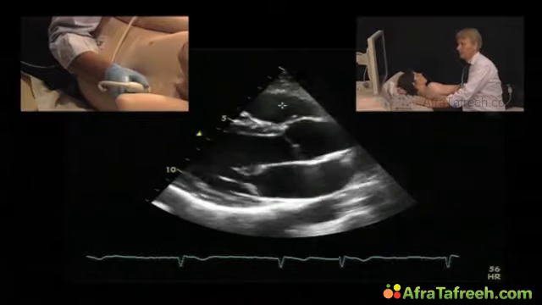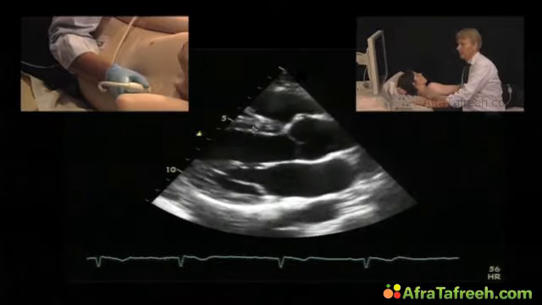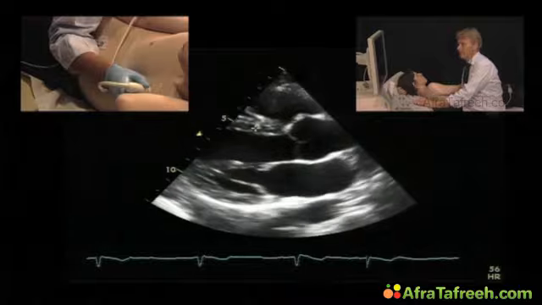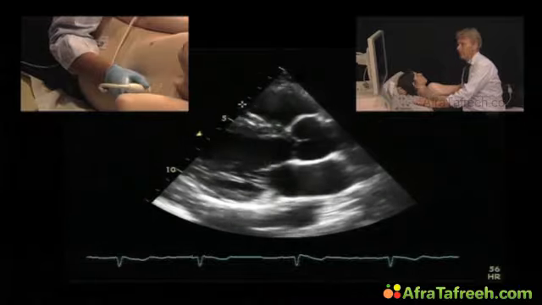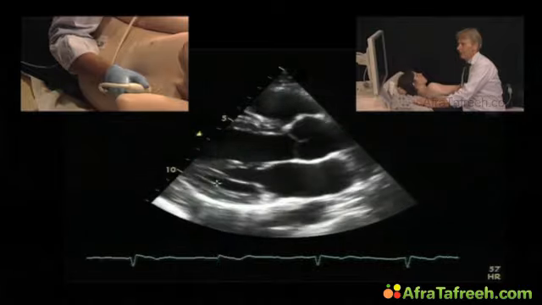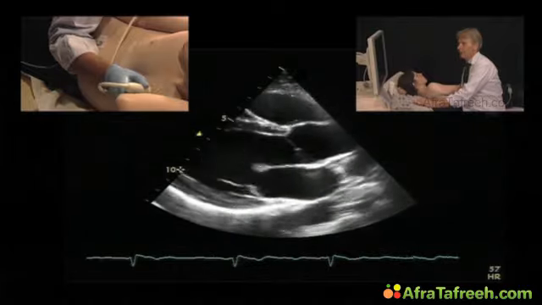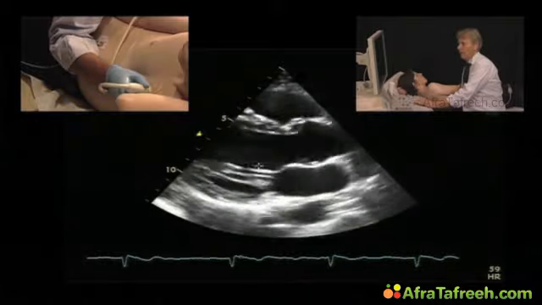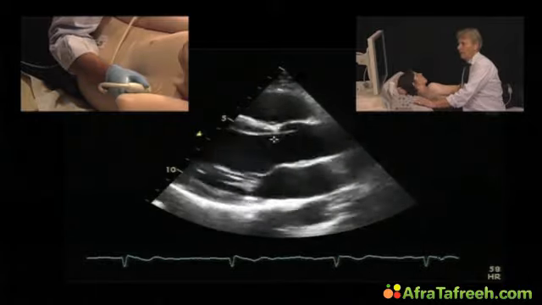Now, what do we see in the parasternal long axis? This here is the right ventricle, the interventricular septum, the basal parts. This here is the moderator band. We have the left ventricle, we have the posterolateral wall, we have the LVOT, the outflow tract.